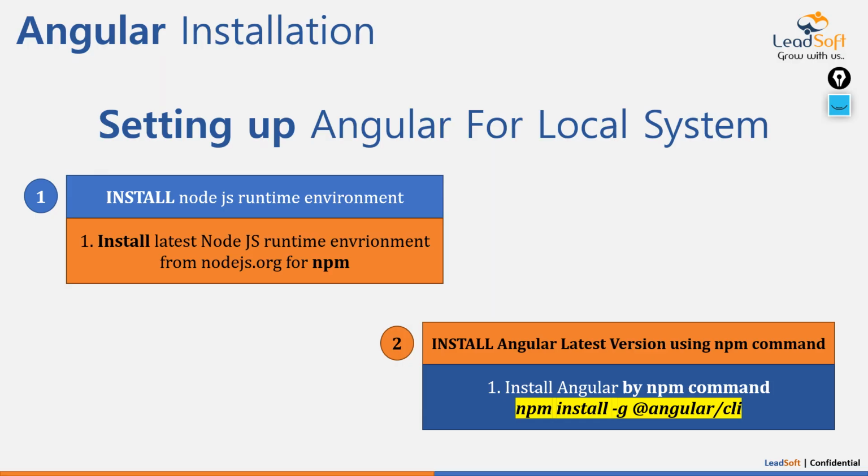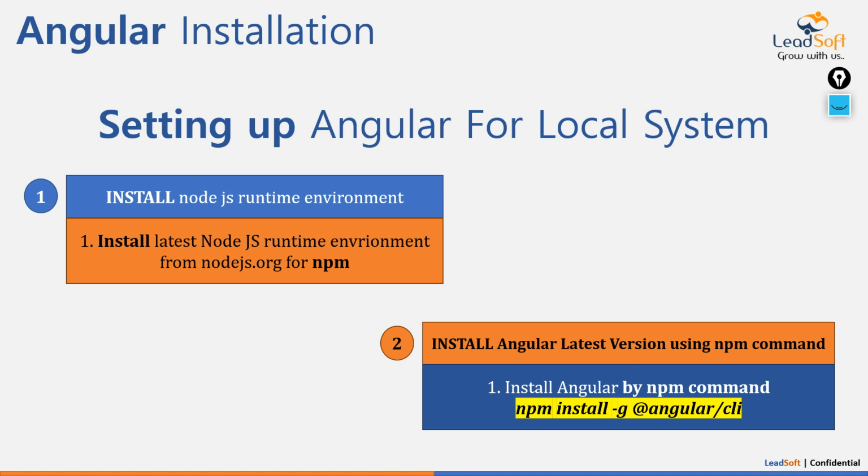The steps to install Angular: within 2 steps we can do the setup. The first step is to install the Node.js runtime environment. The Node.js runtime environment is required for npm, and using npm only we are going to install Angular CLI on our system.